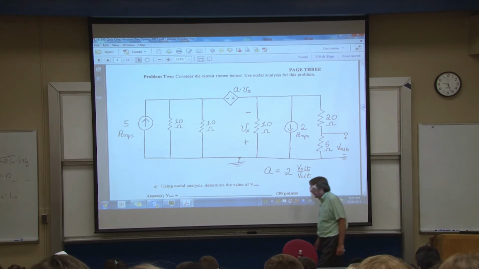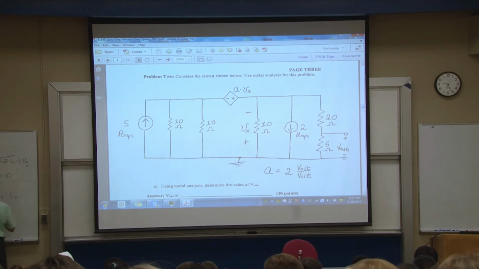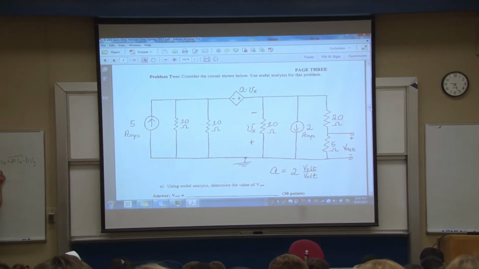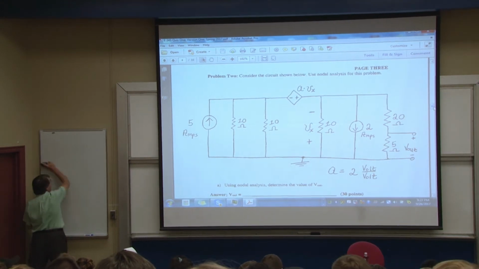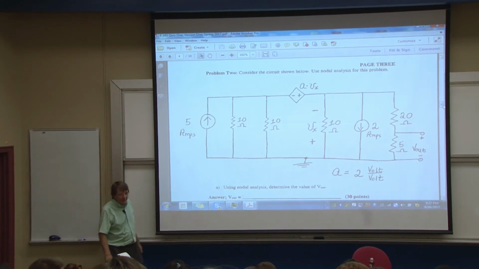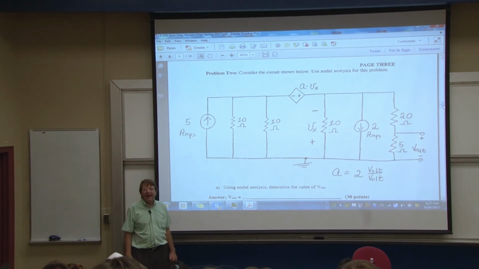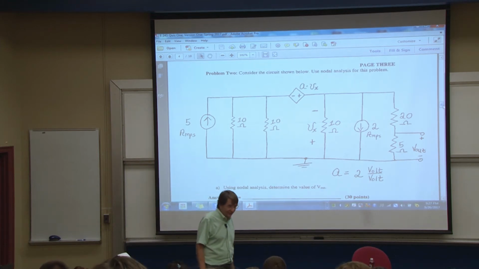All right. My colleagues, we look at this and let's have our battle plan before we rush off to solve it. Does anything strike you about this circuit? I think I see a supernode, because there's a voltage source between 2 nodes and neither node is ground.